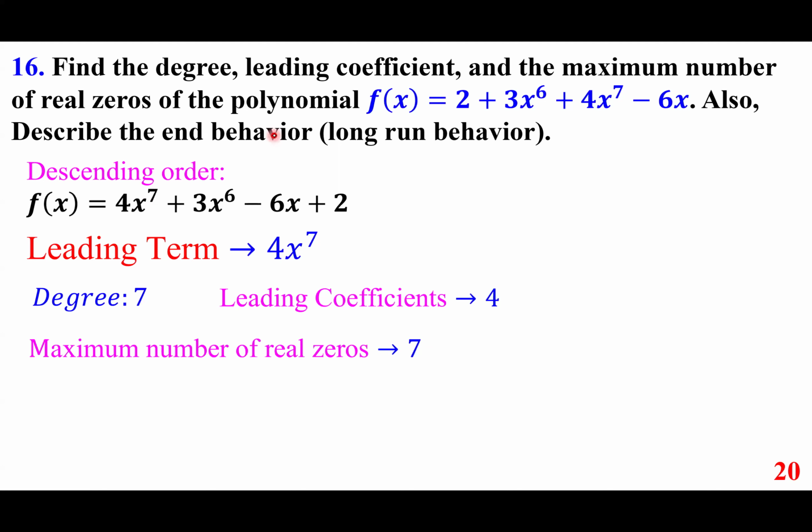The end behavior follows the leading term, or x to the power of 7. N equals 7, which is odd. A sub n, which is 4, is positive. So it behaves like x cubed.